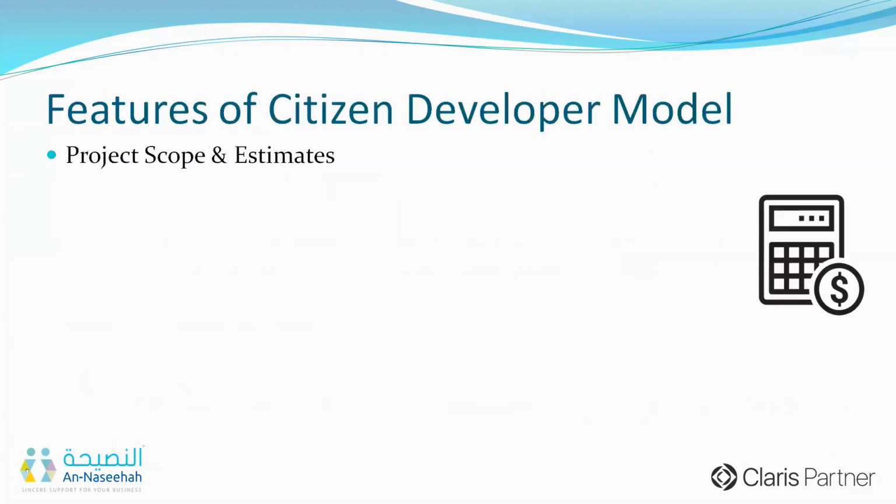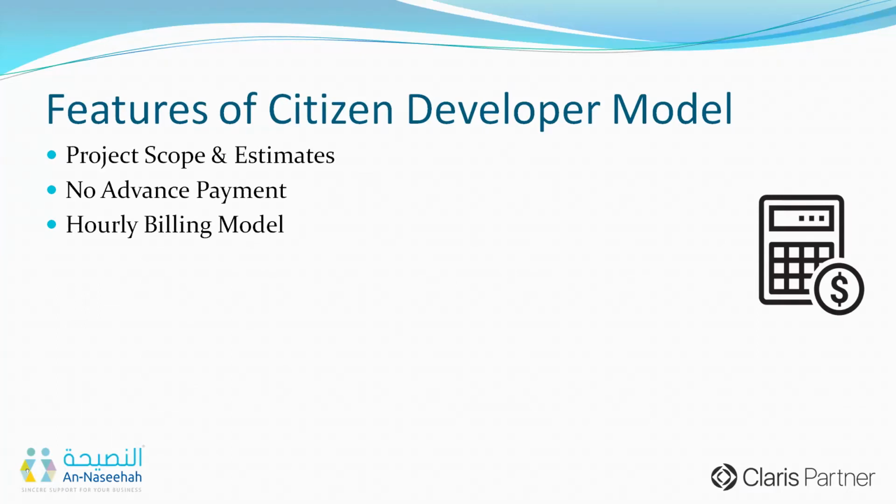Features of our citizen developer model. Without finalizing the project scope and estimates, we don't initiate the development. It's only when we agree and get a sign-off from the client that we start. There's no advance payment. Everything is based on trust, and we have an hourly billing model. If our estimate says we will take X number of hours to develop it, then only X hours or less are billed to the client.